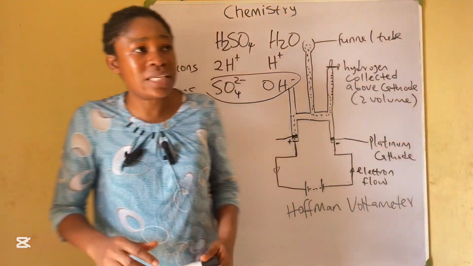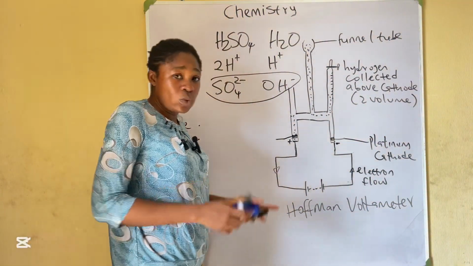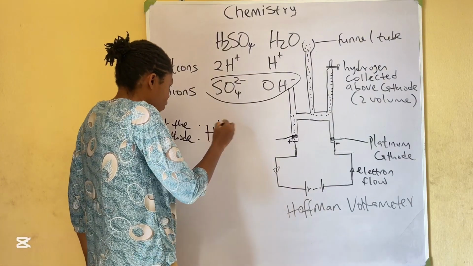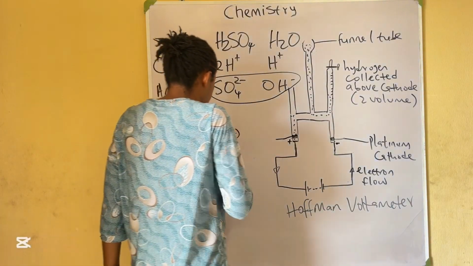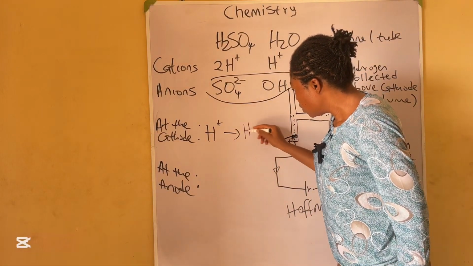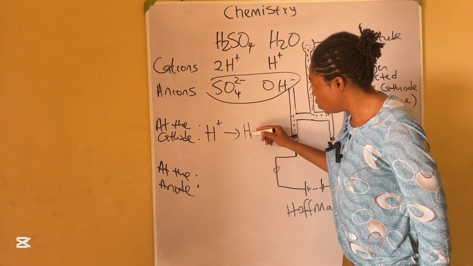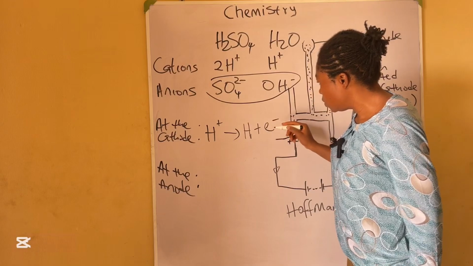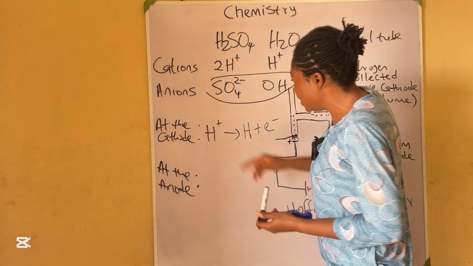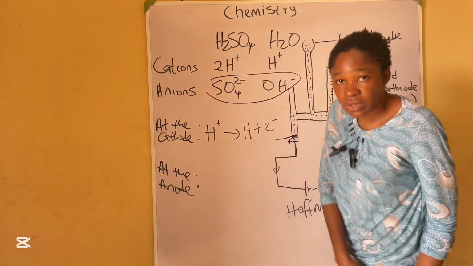So let's write the equation. It's good to know how to write an equation at the cathode and anode. Very, very important. So this hydrogen ion, at the cathode, gives a neutral hydrogen atom, then the electron. Oh, sorry. If you're writing, look at this, I have plus here, I have minus. It's not correct.